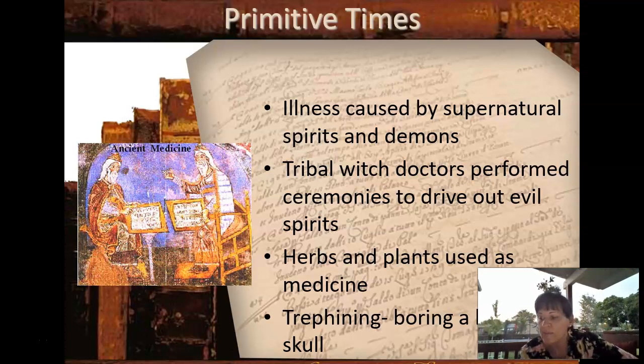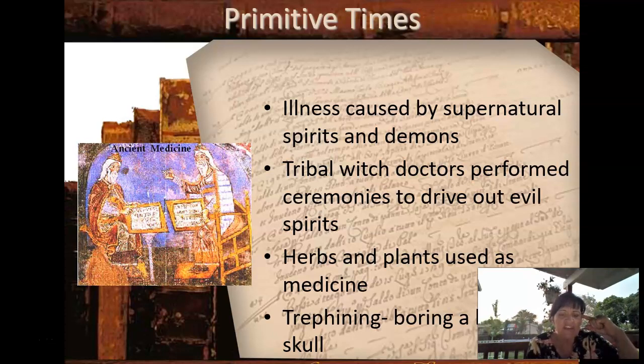So in ancient times, in primitive times, people thought that illnesses were caused by supernatural spirits and demons, because they really didn't have this concept of cleanliness and germs, right? And so tribal and witch doctors would perform ceremonies that would help to drive out evil spirits. They also did try to use herbs and plants for medicine.